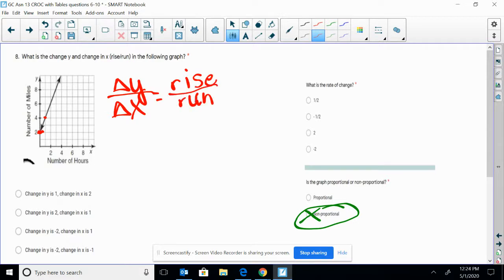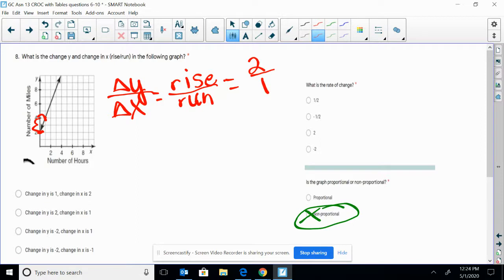Okay, so our change in y, we have to go up 2. Change in y is 2. And our change in x, we go from 0 to 1. Change in x is 1.